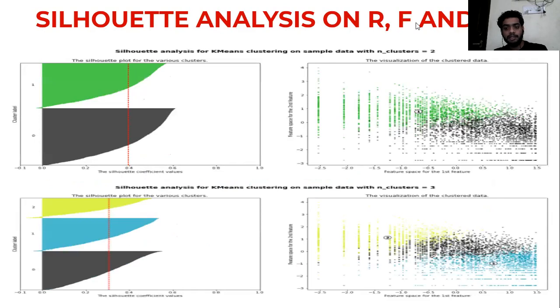Next is the analysis through graphs. Here we can see in the top left corner the cluster similarity analysis for k-means clustering on sample data with n cluster 2. And here we can see that in the green graph some negative values are present, and below, for the number of clusters 3, we can see that the negative values in this cluster are high.